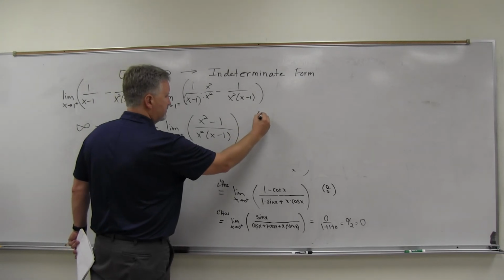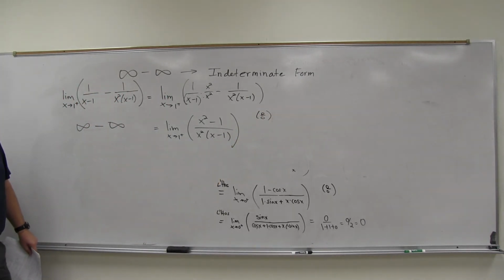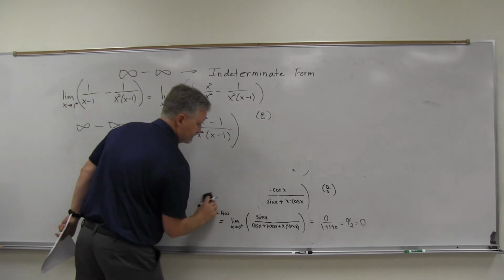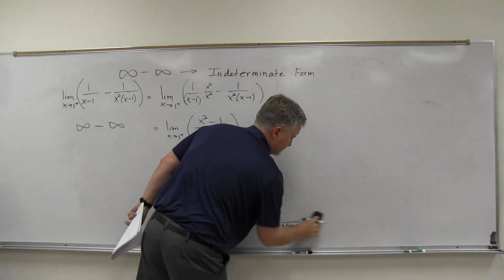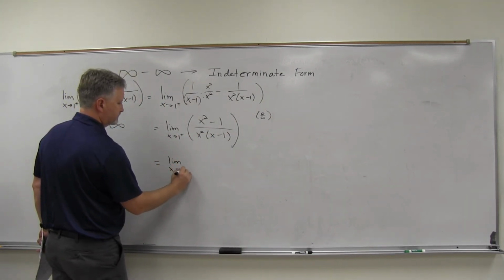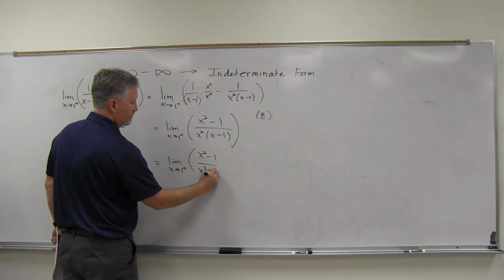The top is 0, the bottom is 0, if x goes to 1. Before I L'Hopital, let's go ahead and multiply that out: x squared minus 1 over x cubed minus x squared.